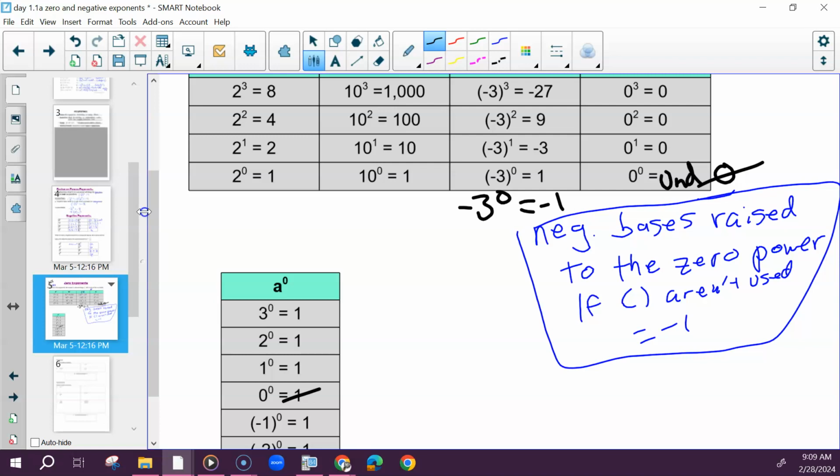And those are your two special cases. If it has a negative base and you're not using parentheses, negative 1. If it's 0 to the 0 power, it's undefined. Other than that, everything else should be 1.